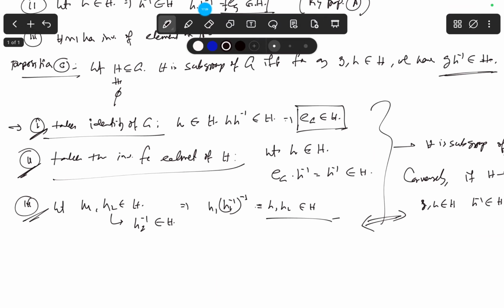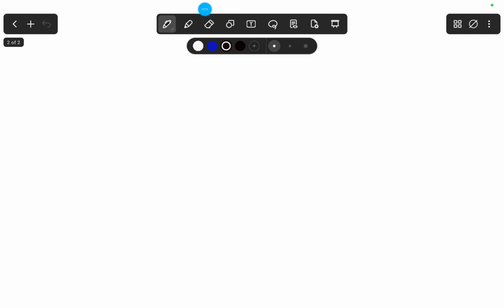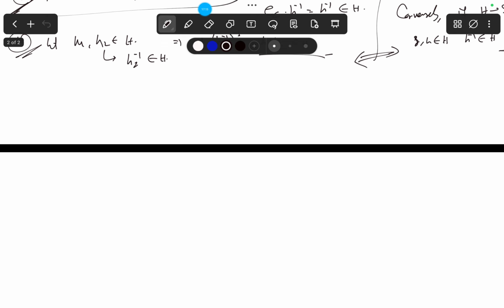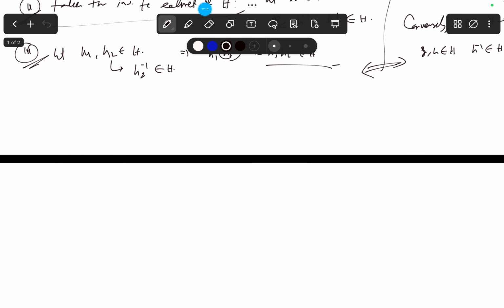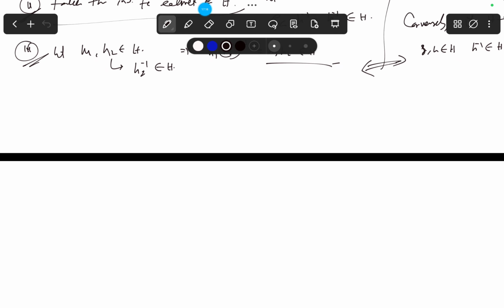So now let us see the proposition. Suppose G is a group and H is a subset of G and the cardinality of H is finite.